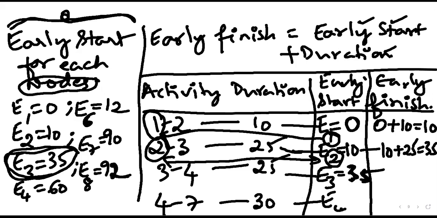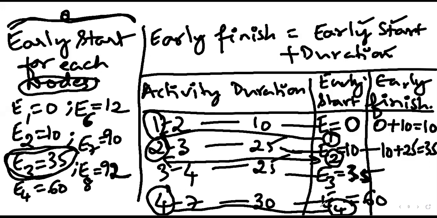In this case, we are supposed to consider E4. And E4 is how much? So, instead of drawing the network diagram, it's very simple. You just have to see what this number is, and the same number has to be written here.